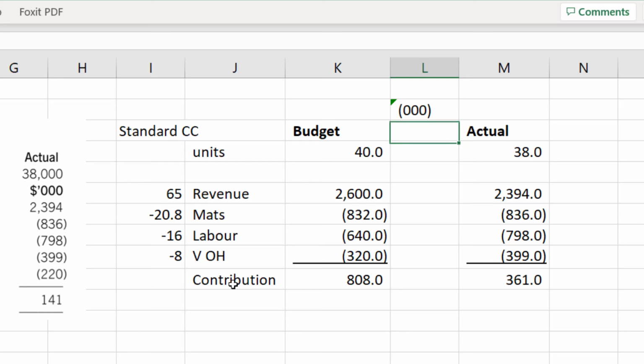And because of that, we've got to put in a flexed column. Flexed column is going to take 38,000 from the actual.